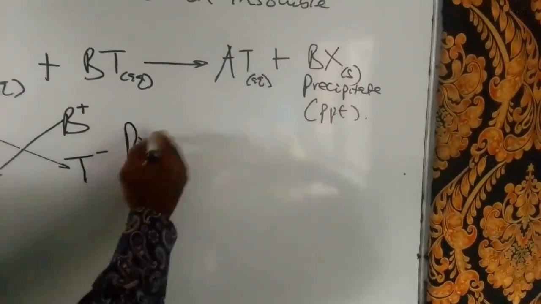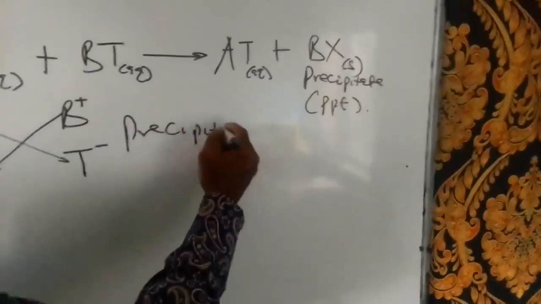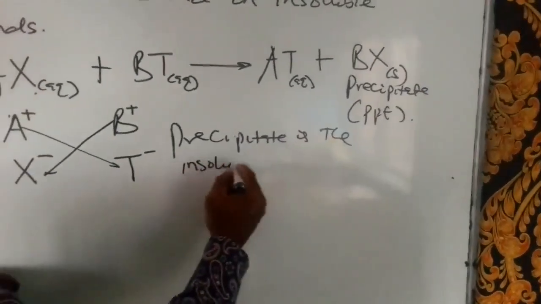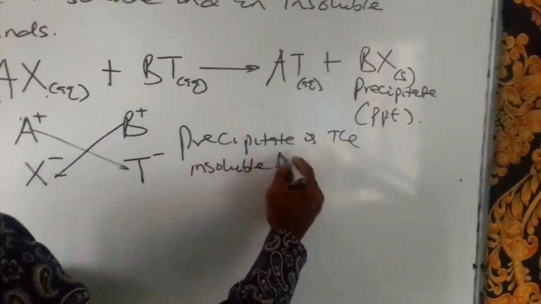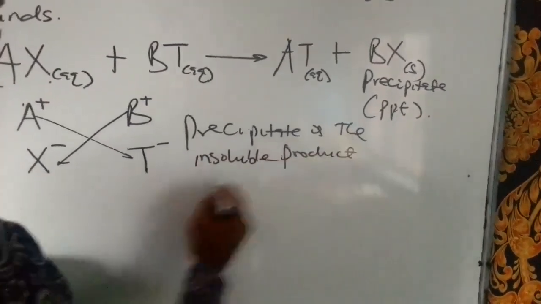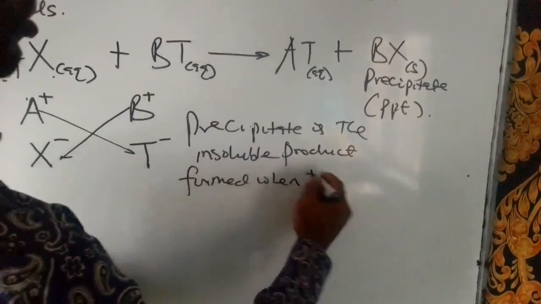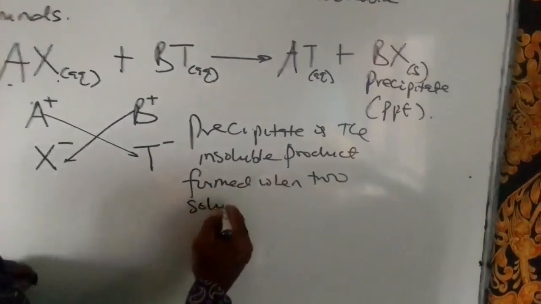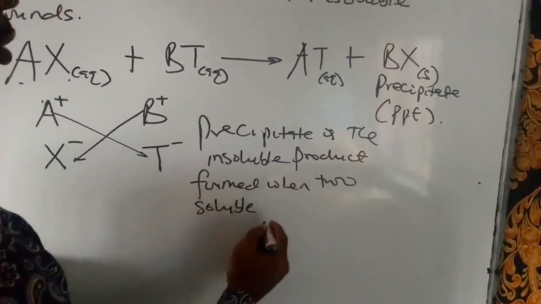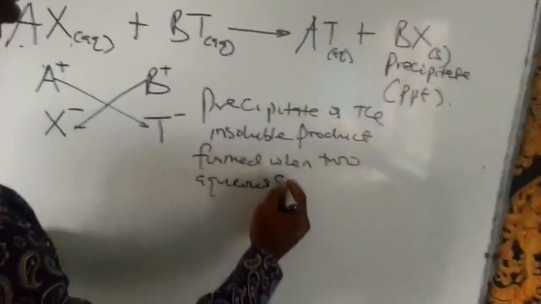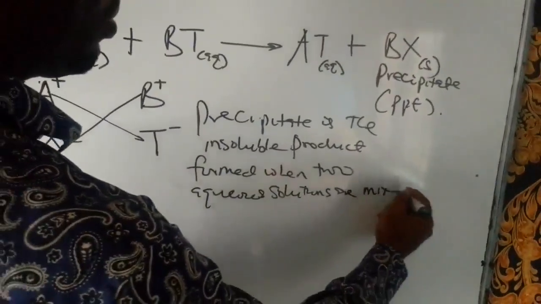So the precipitate is the insoluble product formed when two soluble compounds, or two aqueous solutions, are mixed.